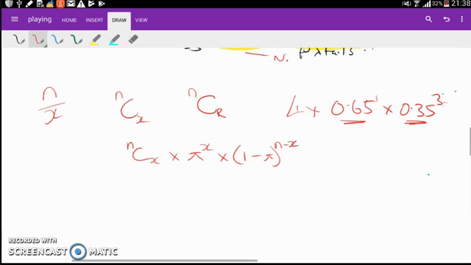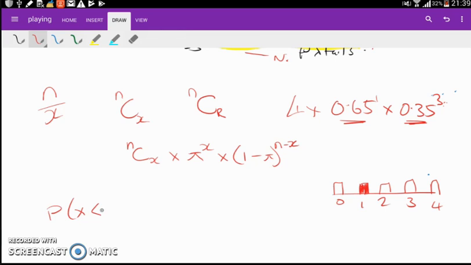So if we were to draw a picture of this, we could have 0 people choosing coffee, 1, 2, 3, and 4. And this shows us it's binomial. We wanted to find exactly 1, so we did exactly 1. Now, what if we wanted to know the probability that x was less than 3?